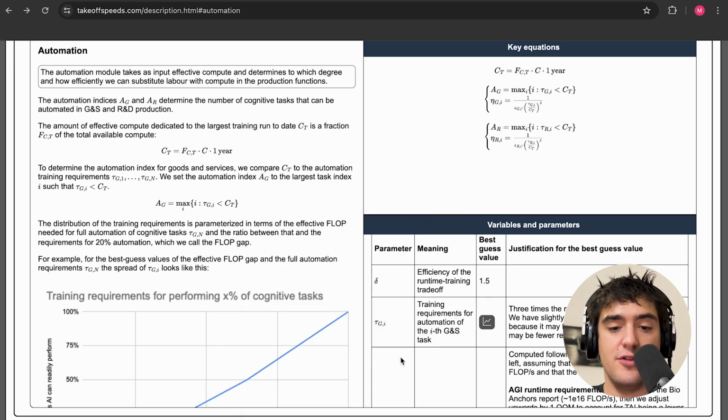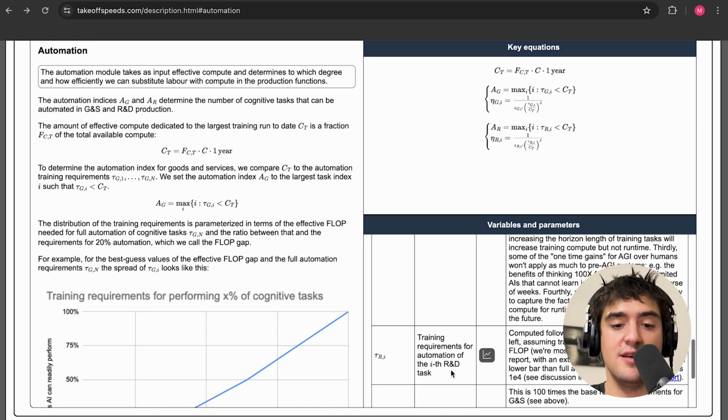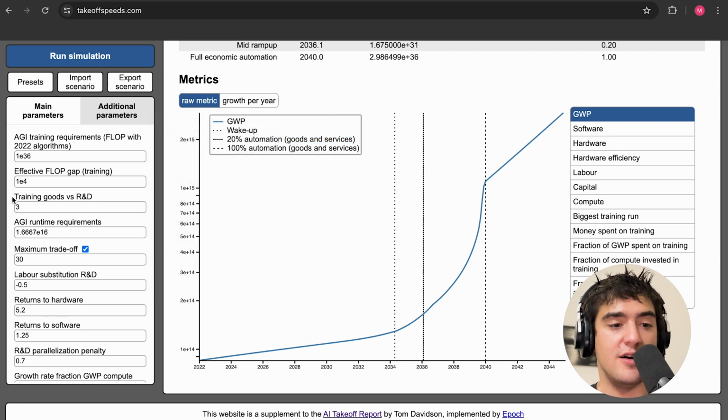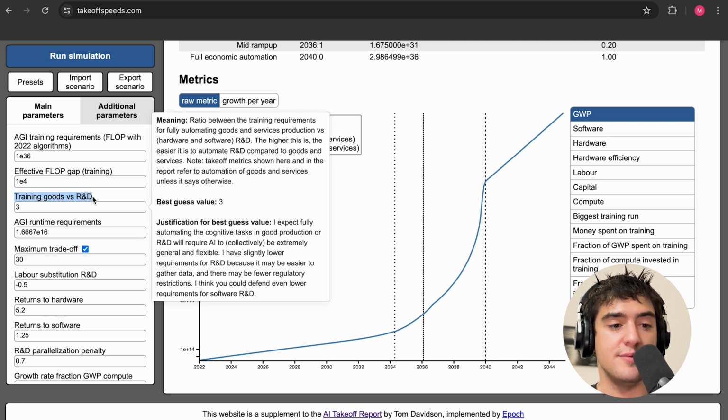There's a factor of 3 between goods and services and R&D, because we're assuming that AI R&D is easier to do than goods and services in general, which is a parameter you can change here in training goods versus R&D.